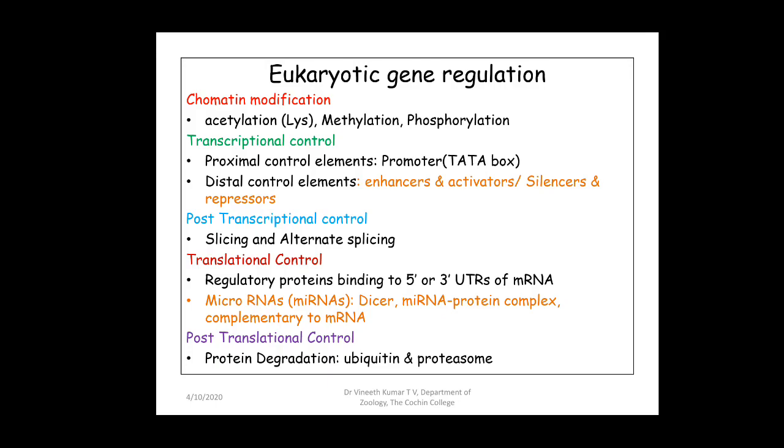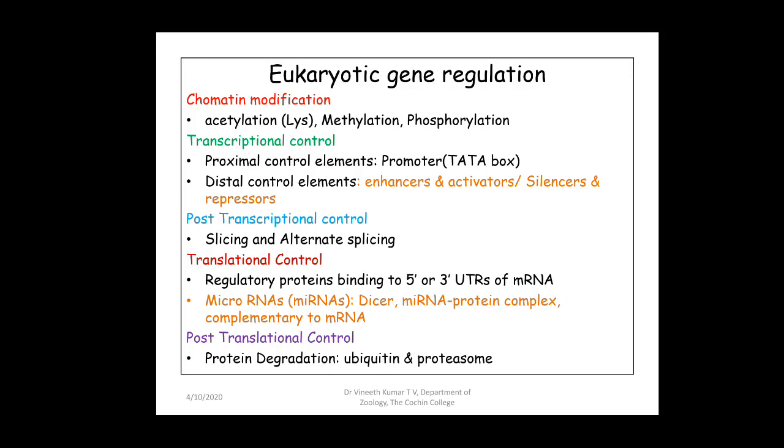Here we are going to see the strategies that a eukaryotic cell takes for regulating genes. First is chromatin modification. That is the first level, though you can regulate a gene at different levels.